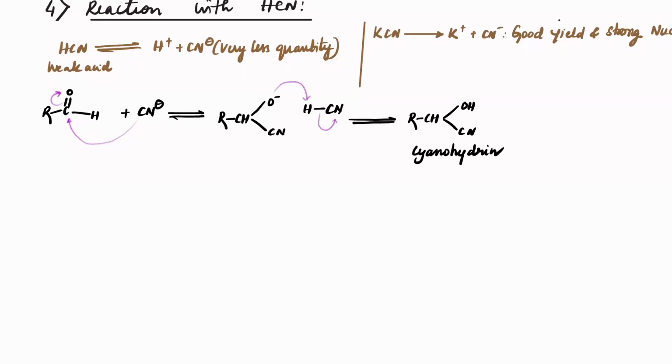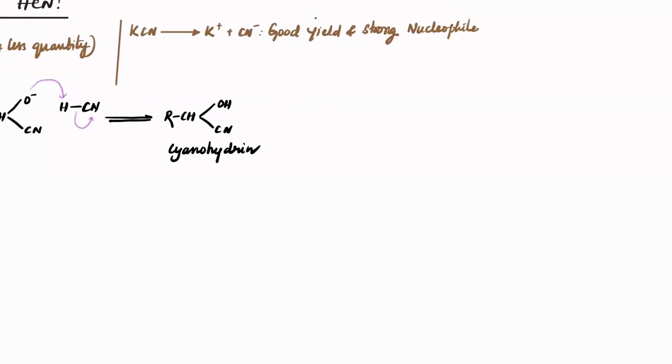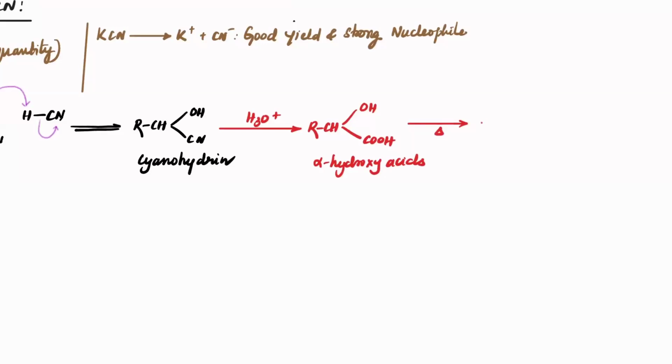Usually cyanohydrin reactions are often used to express that there is a hydrolysis that can be a follow-up reaction. When you make a hydrolysis, it will convert into OH and COOH, which is the lactic acid basis. So this is called alpha hydroxy acids.